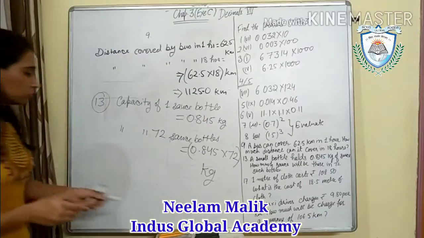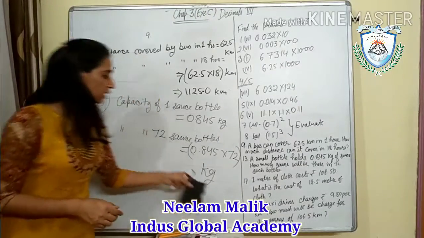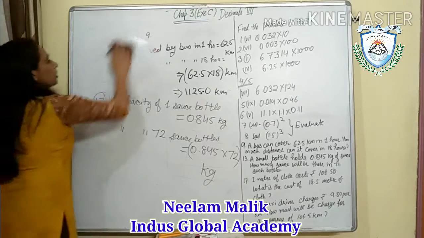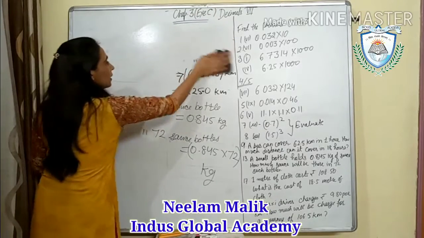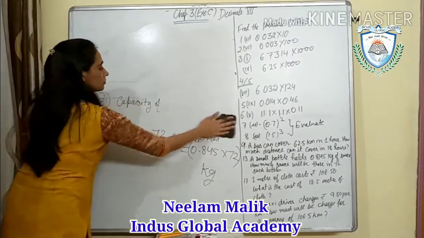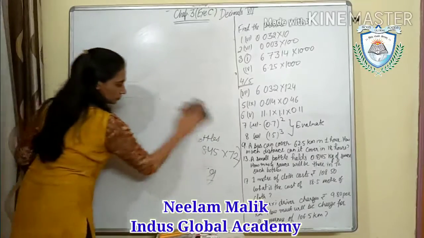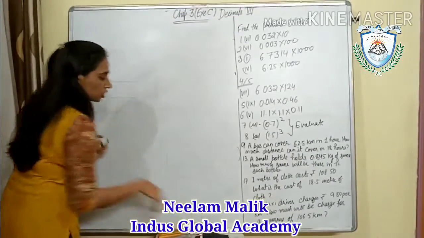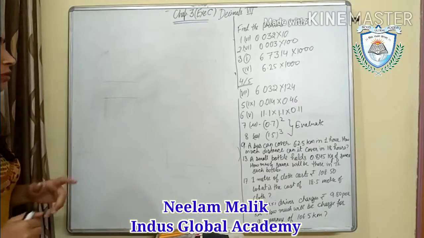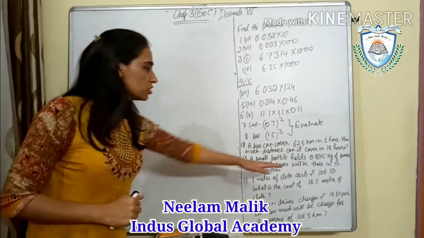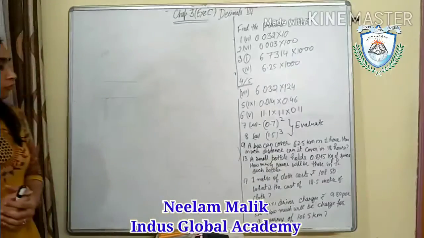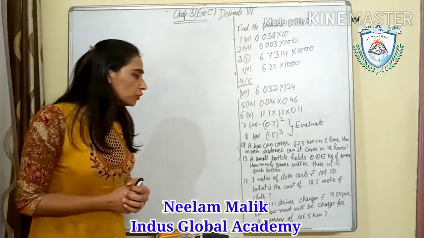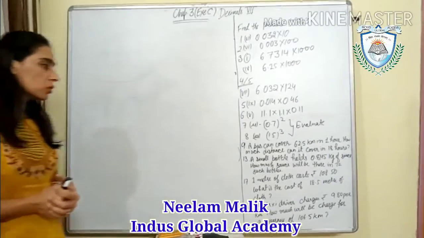Okay. Now question number 17 and 19. In question number 17, 1 meter of cloth costs rupees 108.50. What is the cost of 18.5 meters of cloth?